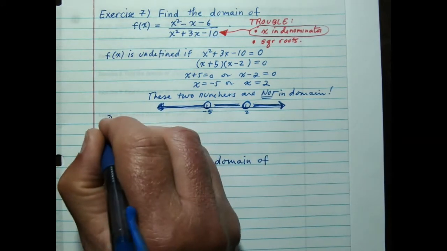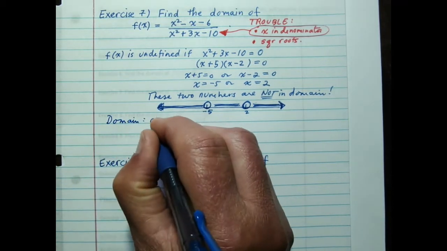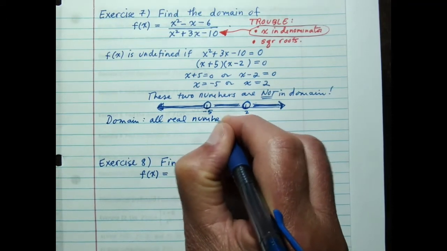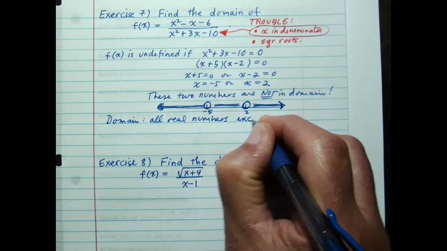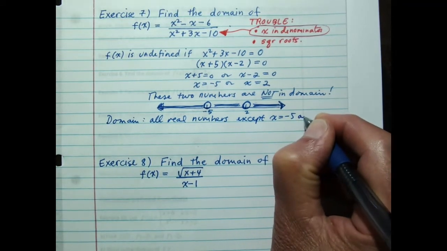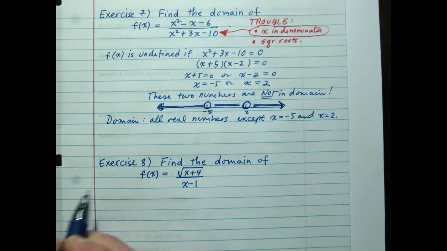Now in words, the domain is all real numbers except x equals negative 5 and x equals 2. So you could say the domain in words in that way.